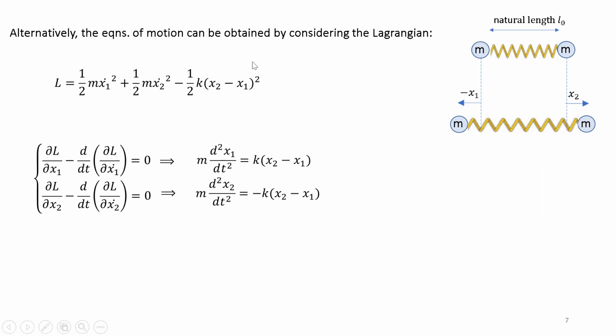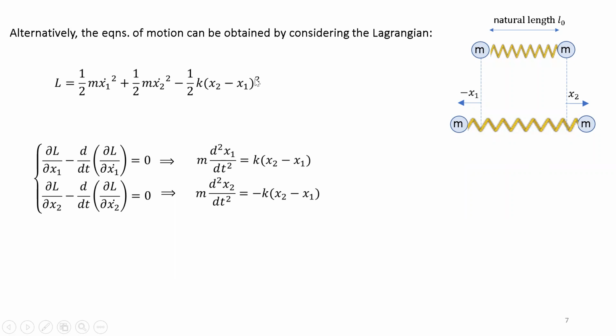Here, one thing to notice is that no matter whether this is compressed or stretched, as long as the amount is the same, the amount of potential energy is the same. So I don't need to worry about the sign over here. x2 minus x1, positive or negative, doesn't matter, I have this square anyway.